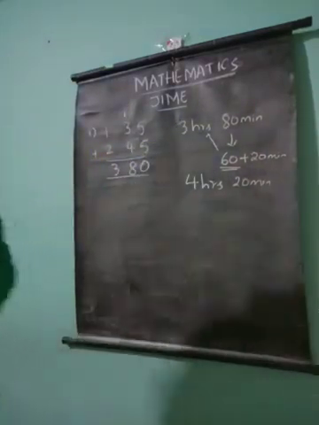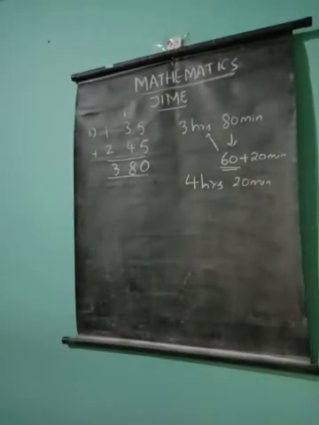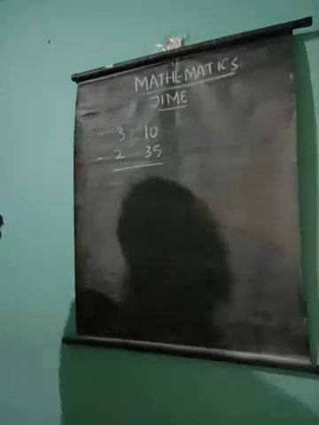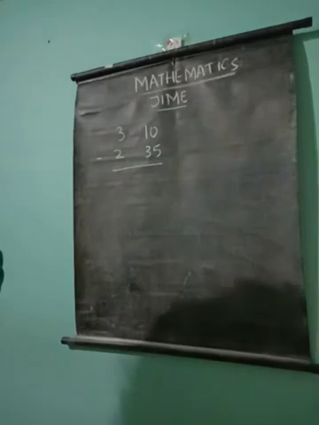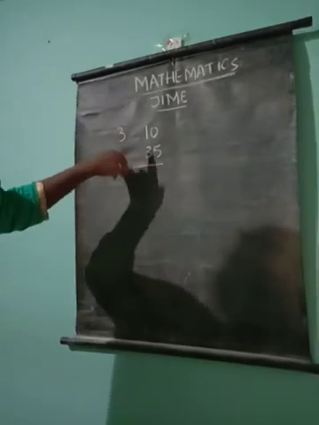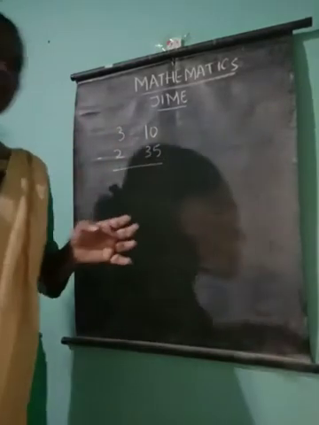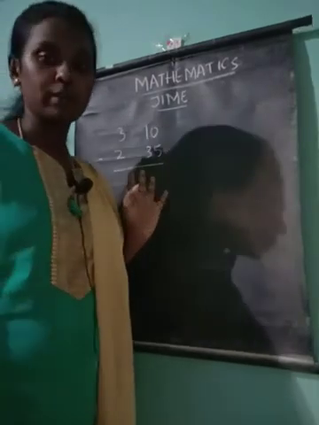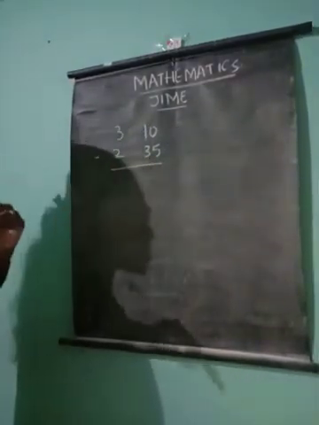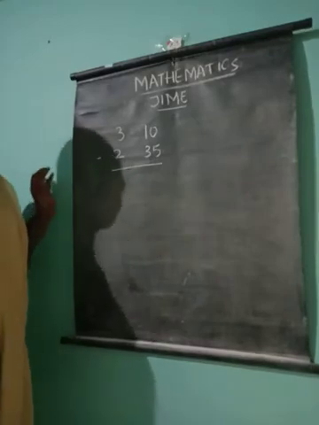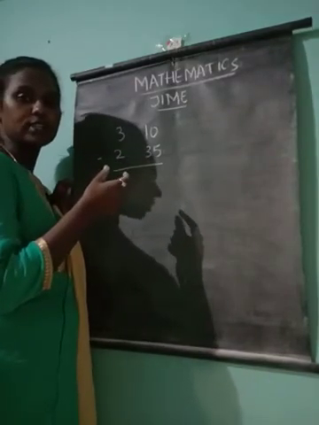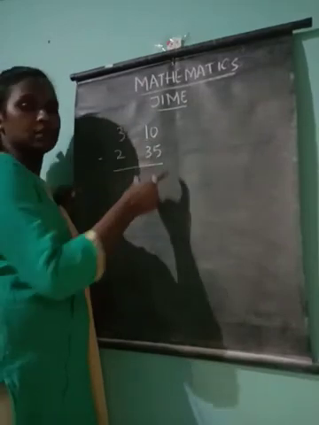Let us solve some more questions. Here is one more question, subtraction: subtract 2 hours 35 minutes from 3 hours 10 minutes. Here we have to subtract 2 hours 35 minutes because it is a smaller time than 3 hours 10 minutes. As I did in the addition process, I have written hours and minutes separately.